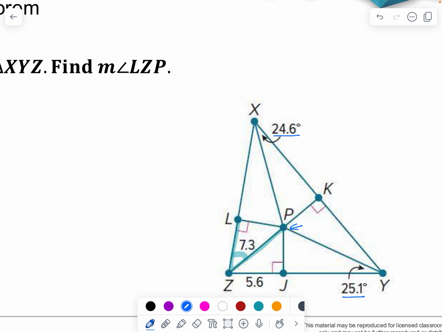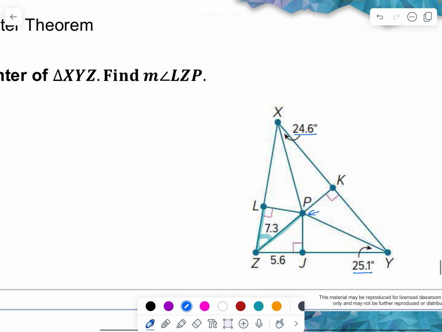And they do tell us some lengths. All right. Well, if it's an in-center, that means that these are all equal. That's equal to that. That's equal to that. And this is equal to this. So this one's 24.6. This one's 25.1. Okay, we're getting there.